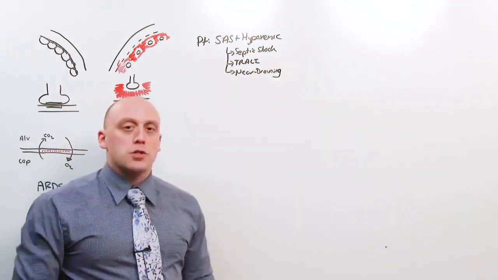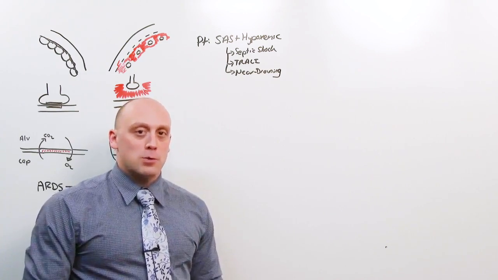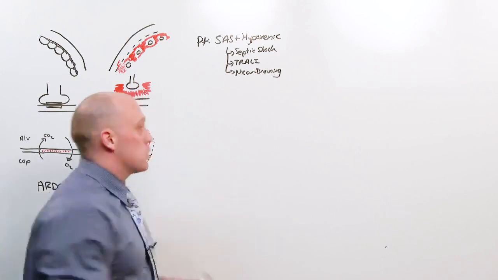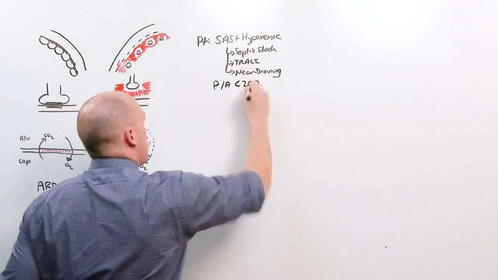Because this is all about oxygen, they're going to present with acute hypoxemic respiratory failure. In particular, what you're looking for is a P to A ratio less than 200.